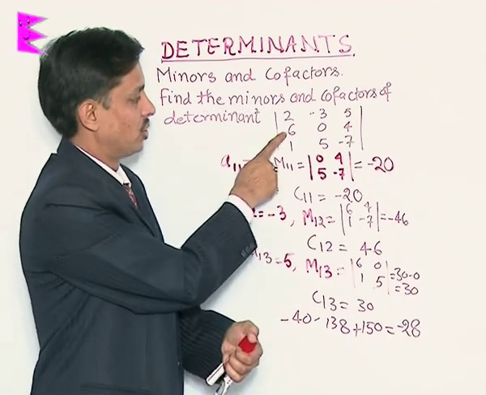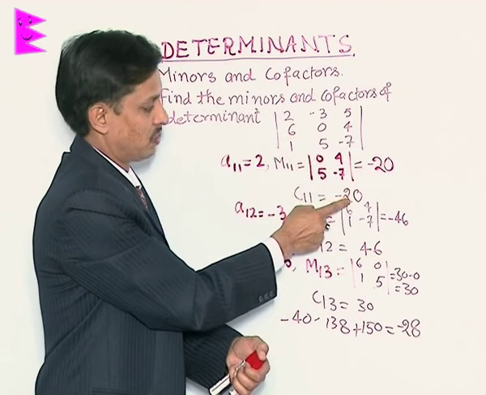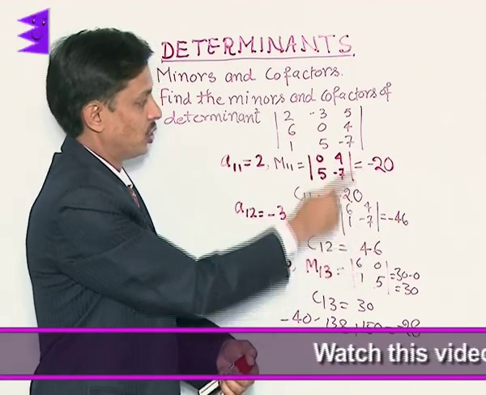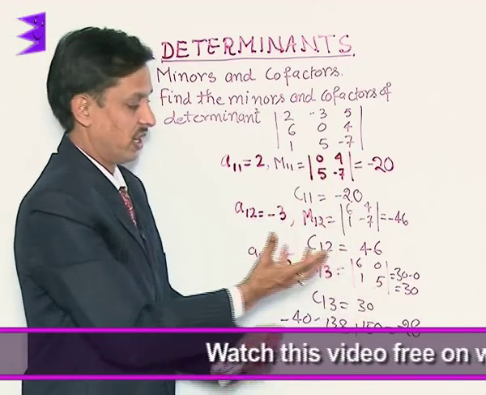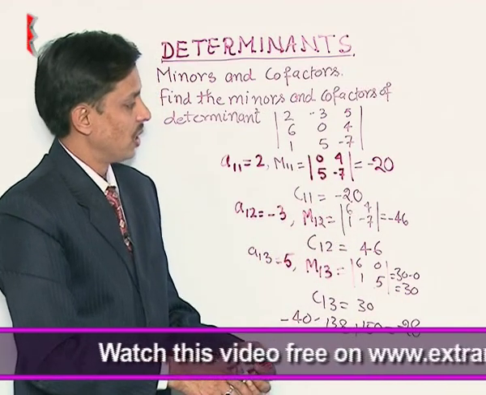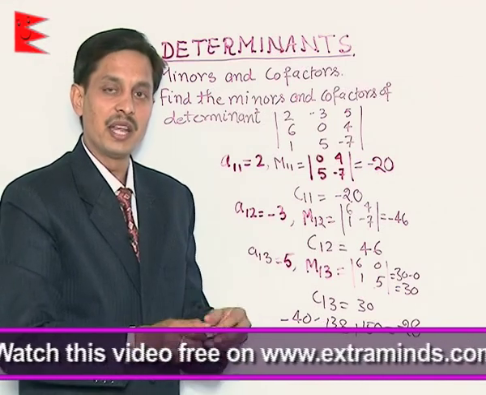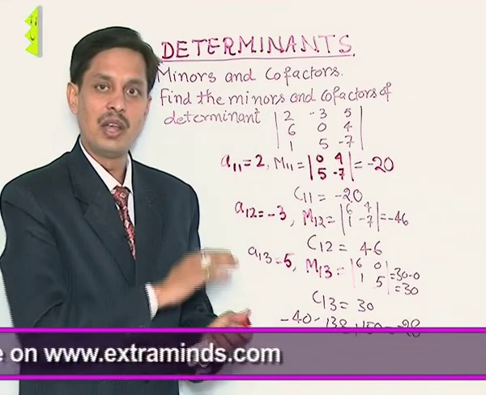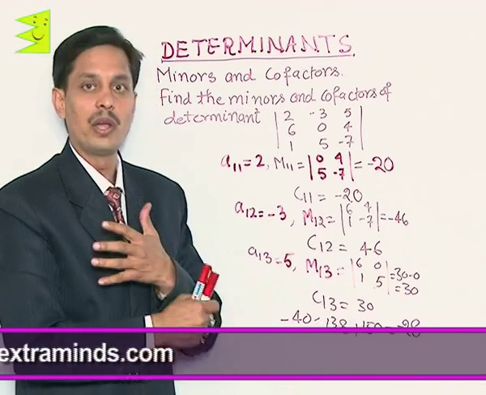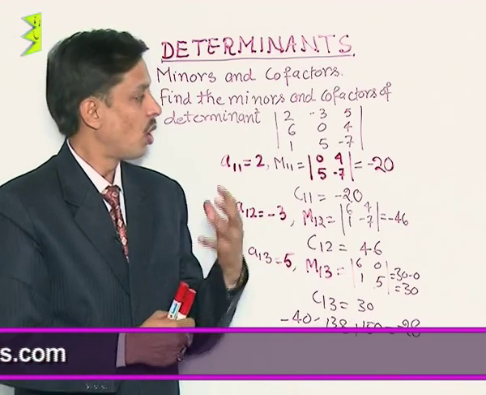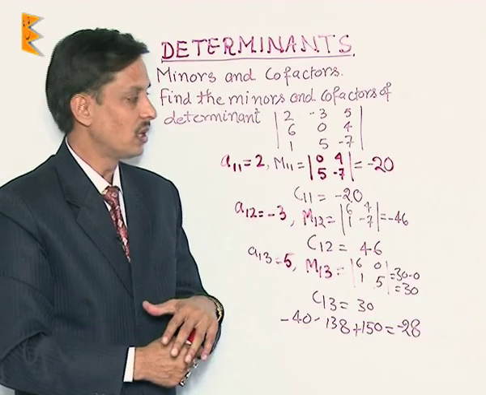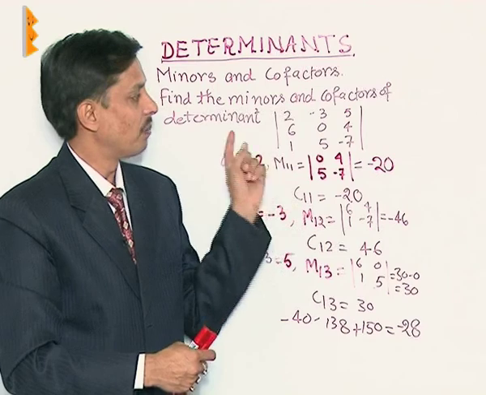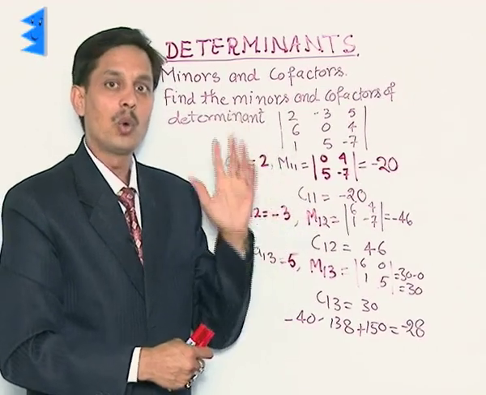Always remember, that is 6 into minus 20, that is minus 120, 0 into 46 is 0, and 4 times 30 is 120, the result is 0. So always you can calculate minor and cofactor and verify that the value of the determinant will never change, even if you calculate minor and cofactor of any row or any column, but the result will be 0 if the cofactors are multiplied with a different row or different column.